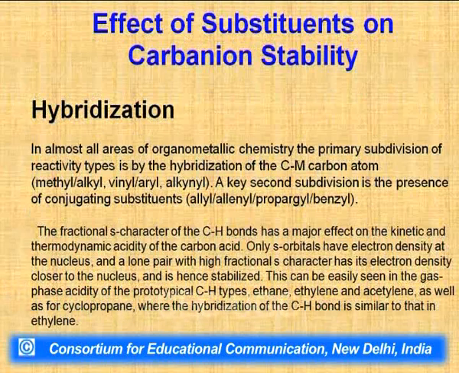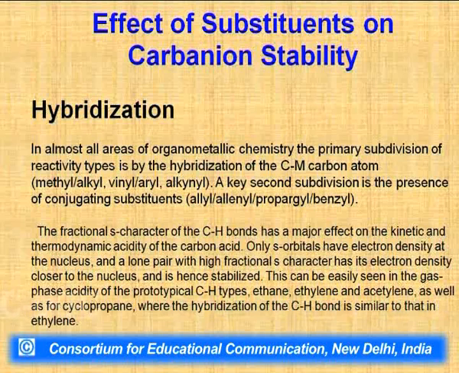Number 1, the effect of substituent on carbanion stability: hybridization. What is hybridization? Hybridization is the mixing of orbitals of unequal energy to give orbitals of the same energy and same shape. So this is hybridization, and it affects the stability of the carbanion.